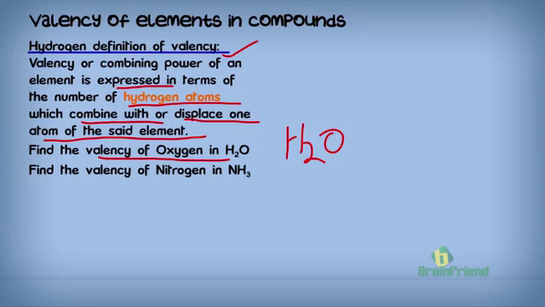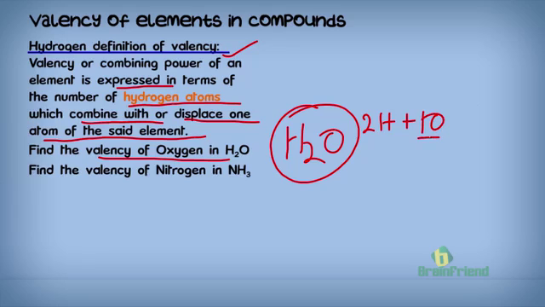The first thing we do is determine the number of atoms that are combining together. We have 2 hydrogen atoms plus 1 oxygen atom. To know the valency of this oxygen, we see that we have 2 atoms of hydrogen combining with the oxygen. So the valency of oxygen is 2, according to this definition.